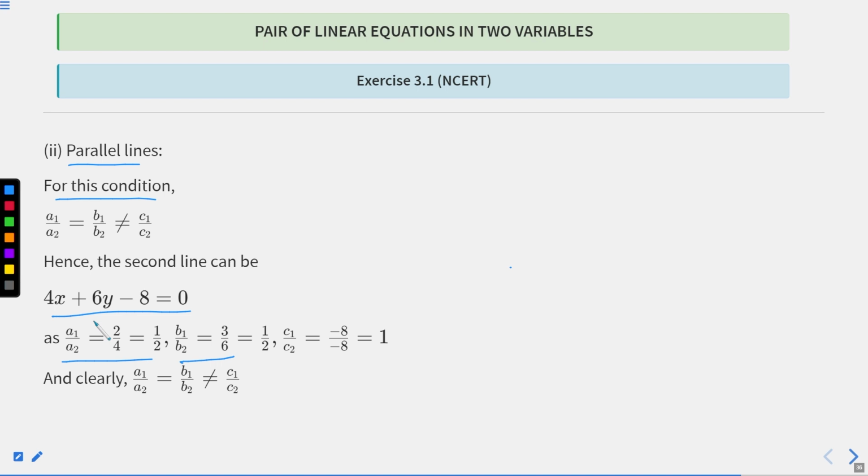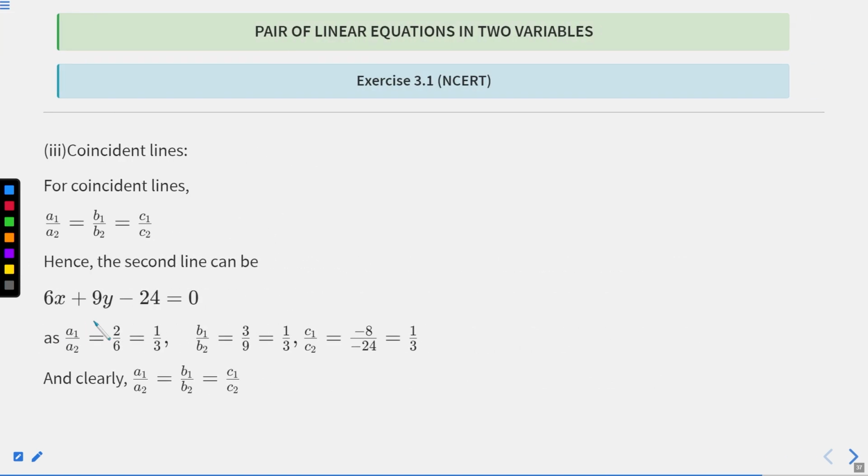Okay, so for this we can take the second line 4x plus 6y minus 8 is equal to 0. Okay, and now for coincident lines, the condition is a1 by a2 is equal to b1 by b2, which is equal to c1 by c2. Hence the second line can be 6x plus 9y minus 24 is equal to 0.